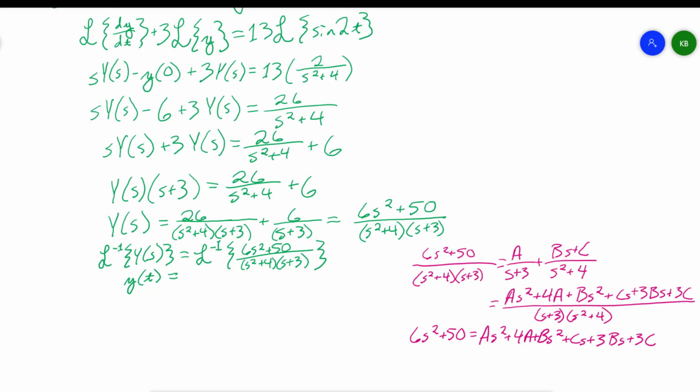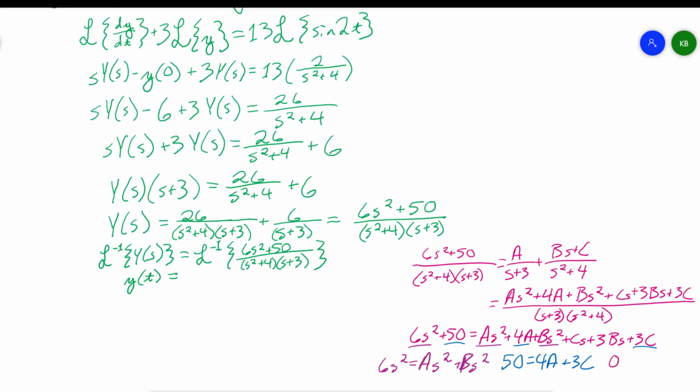Now we're going to combine some like terms and set them equal to each other. If I look at my s squared terms, I've got 6s squared equals A s squared plus B s squared. I have 50 equals 4A plus 3C. And hopefully you notice that there are some s terms that don't appear on the left-hand side but do on the right.